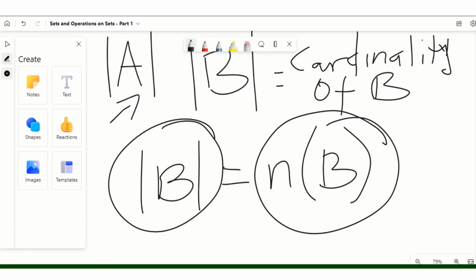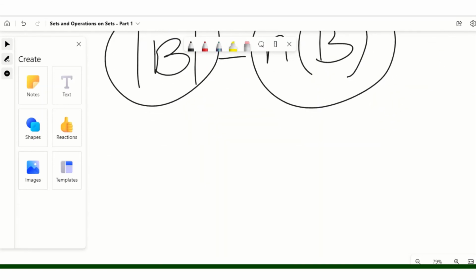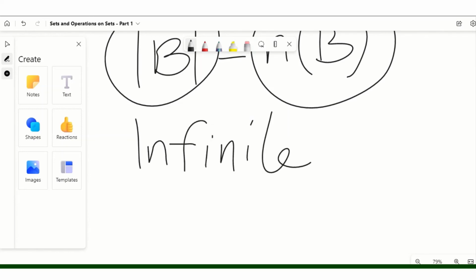And take note of this. We also have sets which have infinite cardinality. When we say something is infinite, it means it never ends. It goes on and on and on.